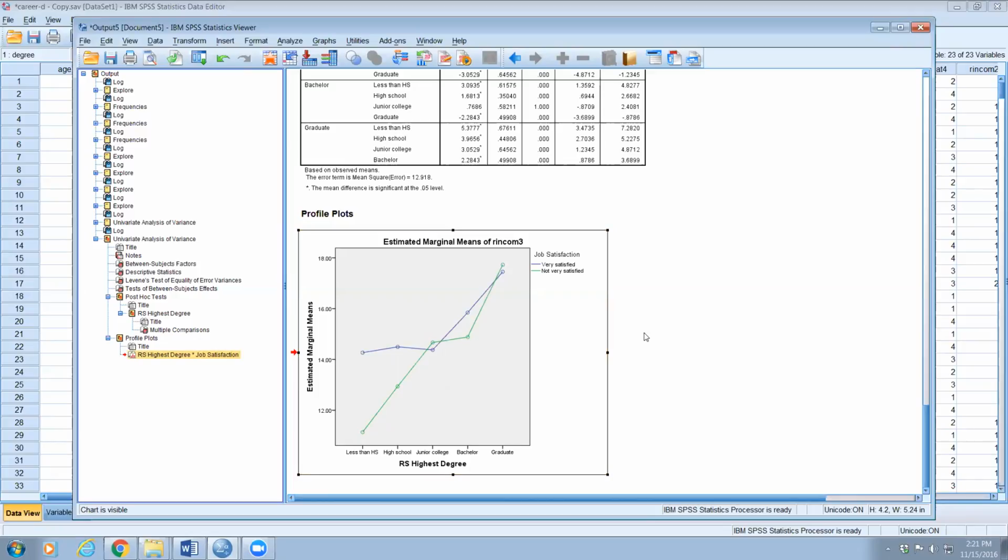Another thing is that if the interaction effect is significant, then we cannot determine the individual mean effect of degree or job satisfaction on the income. The reason being that these two factors are jointly working together to affect our dependent variable, which is the income.